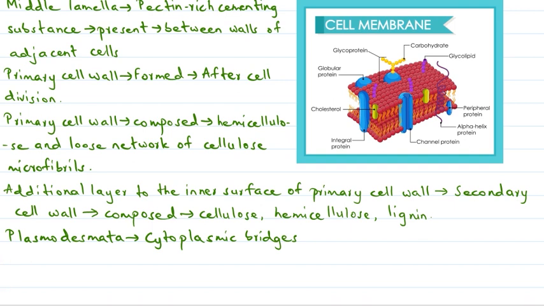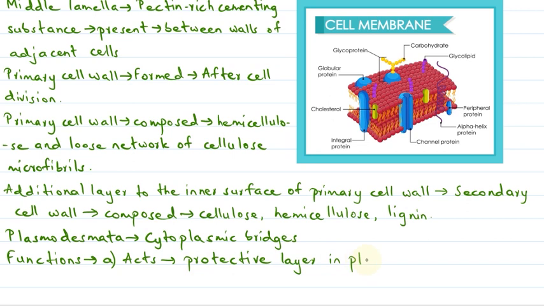Now let's talk about the functions of the cell wall. The main functions of the cell wall that we will list here are: the cell wall acts as a protective layer in plant cells.